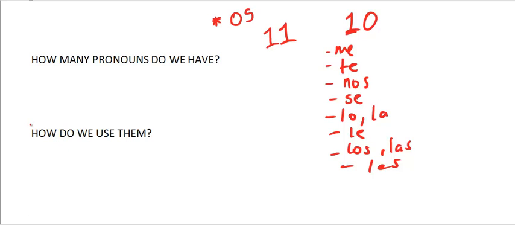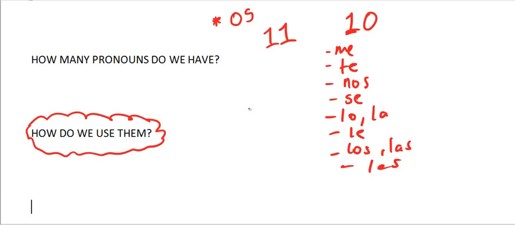The most important thing is how do we use them. More important than knowing what's a pronoun, what's an object pronoun, and how many pronouns there are, is to know how to use them. So that's the real important part.